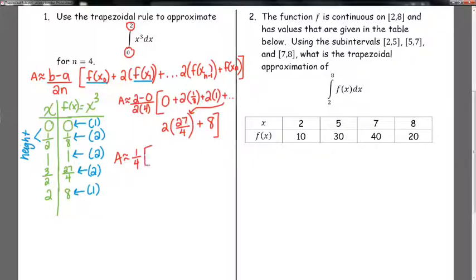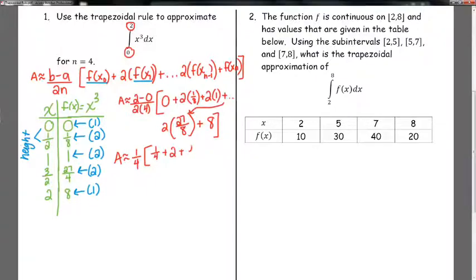And then I'm going to simplify the interior. So I have a quarter plus 2 plus 20, let me see here. Oops, I messed up on this guy right here. Let me erase. This is supposed to be 27/8. Did I mess it up over here?